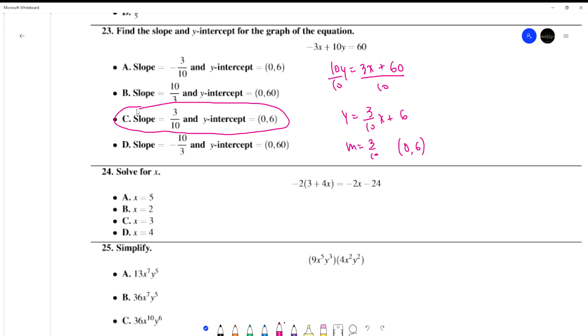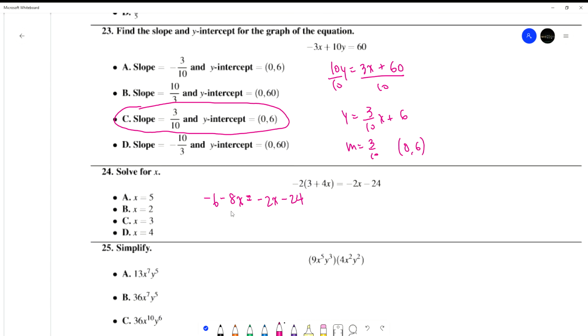Okay, 24. Solve for x. We need to distribute to remove parentheses. So this is negative 6 minus 8x is equal to negative 2x minus 24. Let's gather the x's on the left-hand side and the non-x's on the right-hand side.